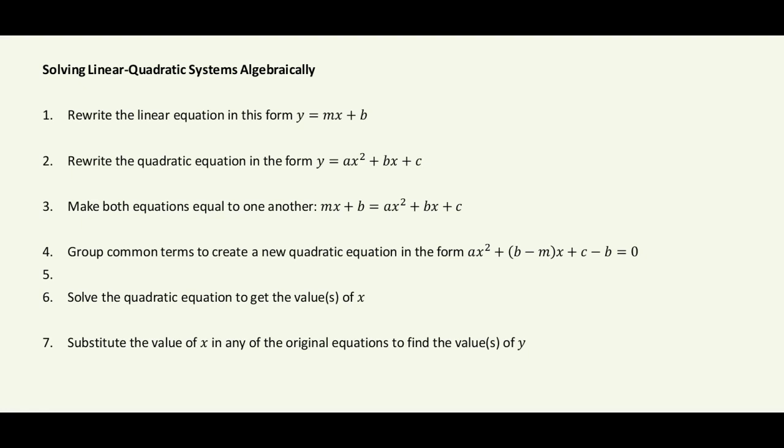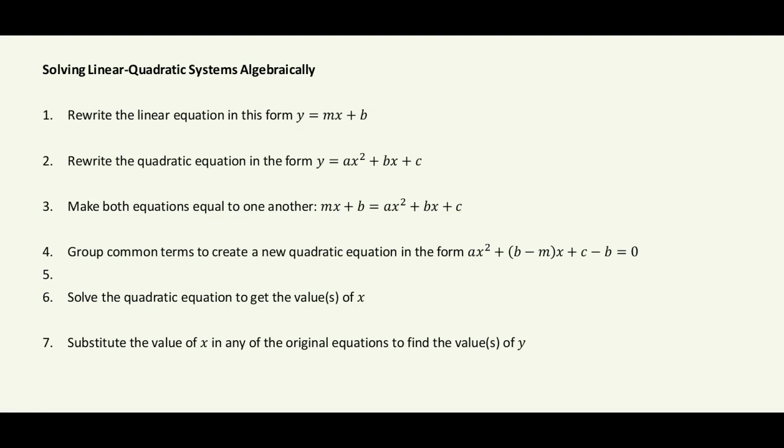The next thing we're going to do is group the common terms together, solve the resulting quadratic equation, get the value of x, and then substitute that back into one of the original equations in the system. I typically like to use the linear, but you can use the quadratic if you prefer.